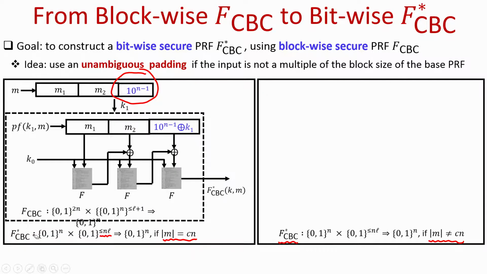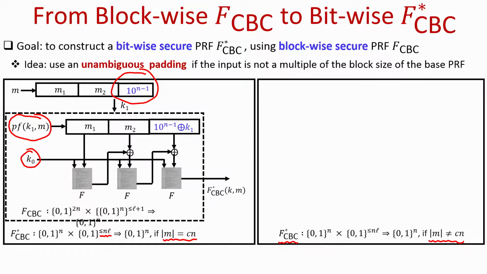So, that is why the inner invocation of my blockwise fully secure PRF could take up to L plus 1 blocks. Internally, I first take the padded message and apply a prefix-free randomized encoding with the sub key k1, and then I use another sub key k0. Again, we will see soon how exactly the sub keys k1, k0 are derived.